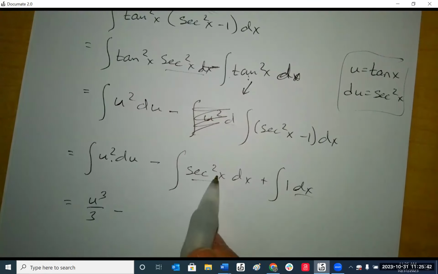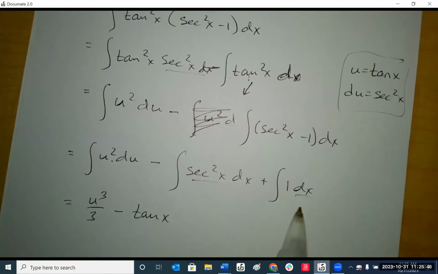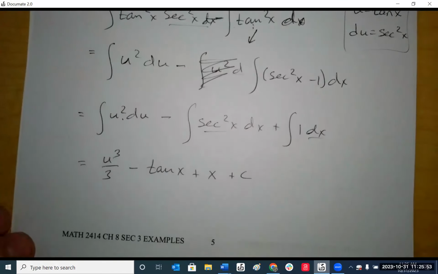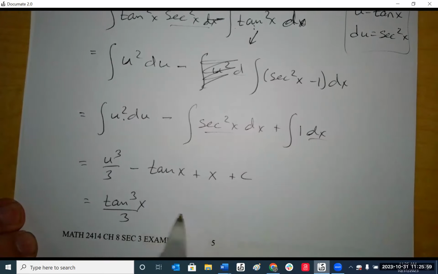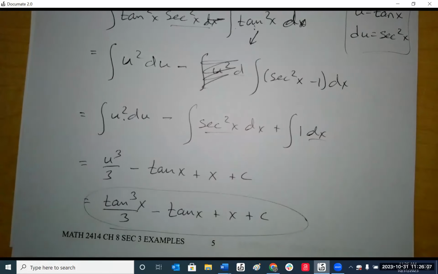The integral of secant squared is tangent. The integral of 1 is x plus c. So our final answer is tangent cubed x over 3 minus tangent x plus c. And that's our answer. That's our integral.